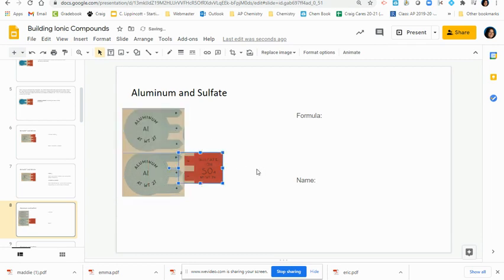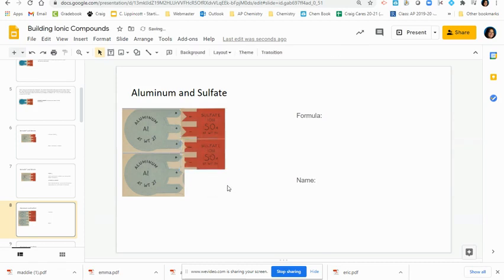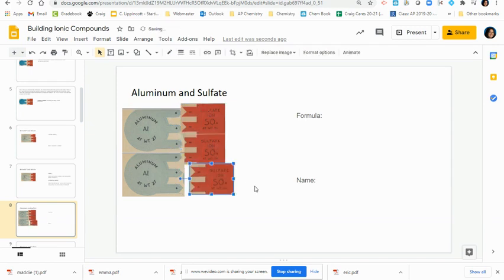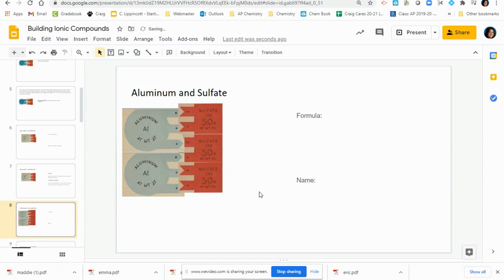And now we've got to duplicate our sulfates to get those to work. I'm going to move a sulfate up here. If I move this one up, it'll go with these two arrows. And then if I do another one, go and Control V. And now I've got all of the prongs filled for my aluminum and my sulfate.